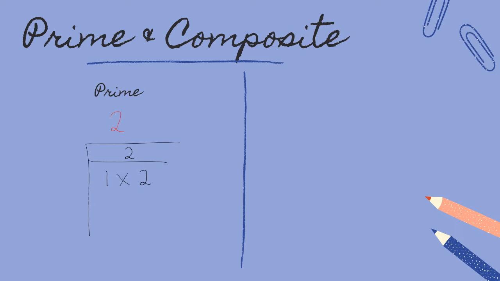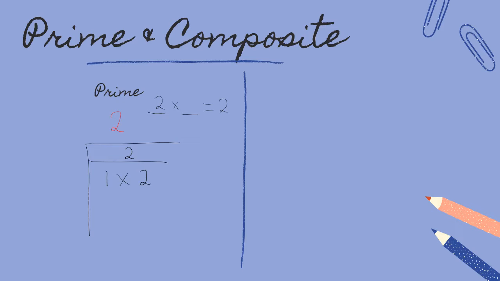Can you think of any more numbers that when you multiply them together gives 2? What I'm asking is, can you think of a number times a number gives 2? You already have 1 times 2. So do we have 2 times something gives us 2? No, we don't.